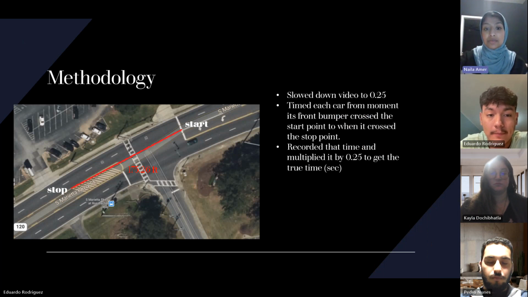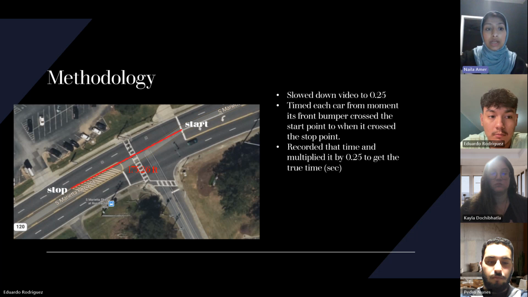For our methodology, we viewed the collected data at 0.25 times speed to accurately time when a vehicle entered the segment of roadway that we were monitoring at the start location marked in the picture on screen, and stopped recording the time when the vehicle exited the segment of roadway shown on screen.